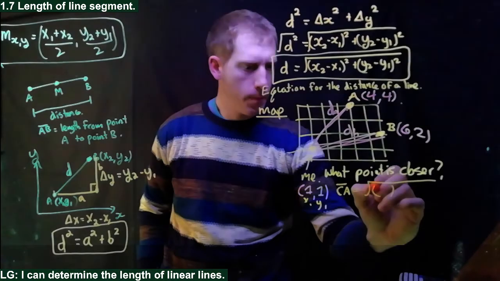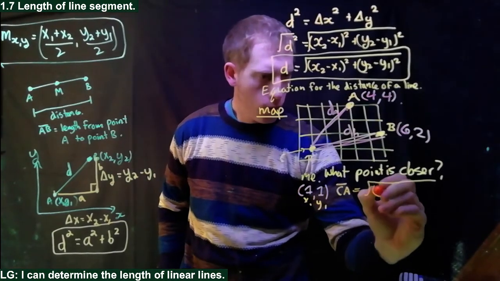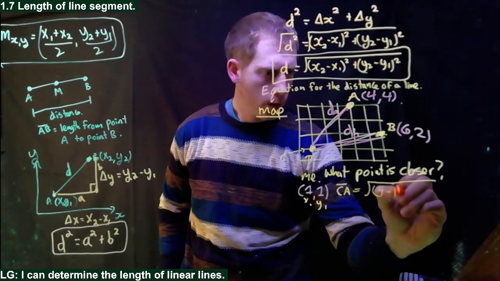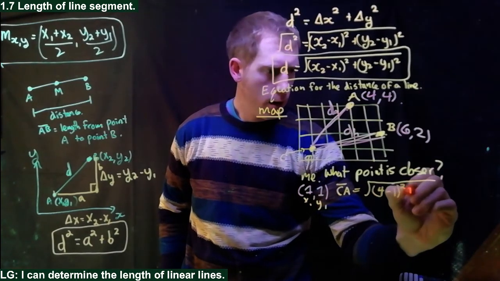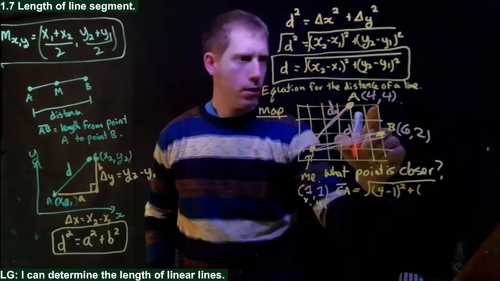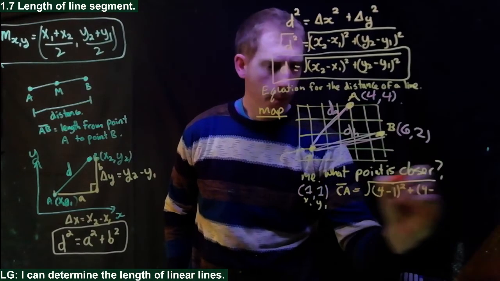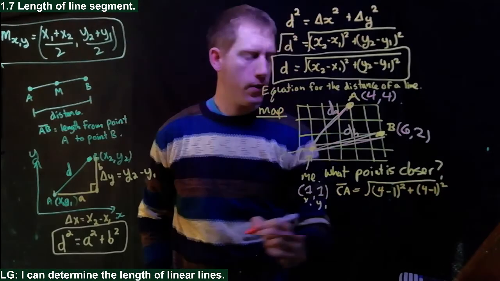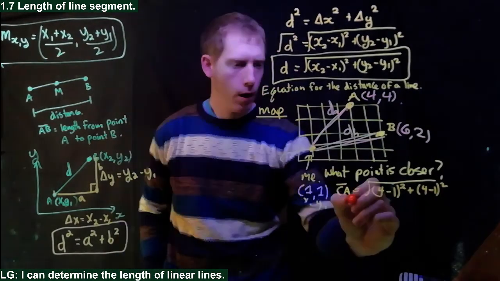So this is my x2. It'd be 4 minus x1 squared plus 4 minus this y1 here, 1 squared. So it'd be 3 squared plus that square root.